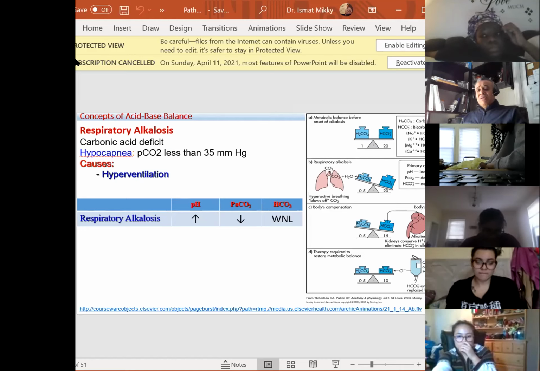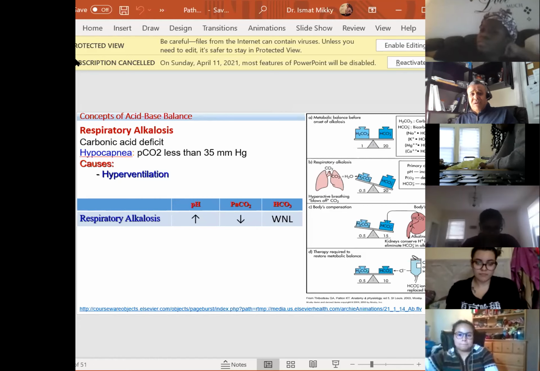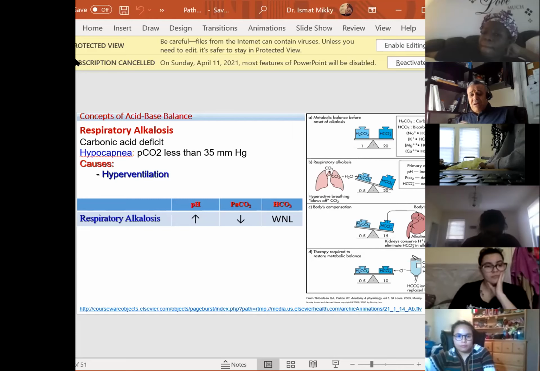So in alkalosis, we would treat the patient with a chloride-containing solution. If you look at the bottom of the whole chart, you'll find any solution that includes chloride, because the chloride and the bicarb will be exchanged, the bicarb replaced by the chloride ion.